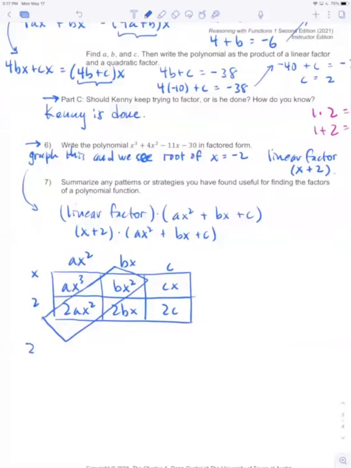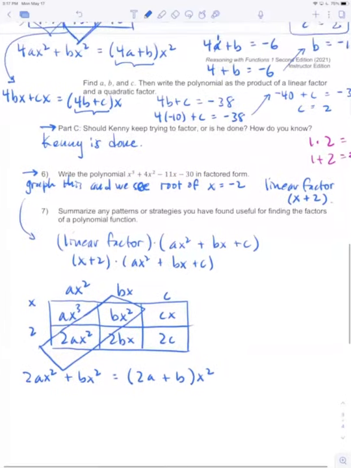So we have 2ax squared plus bx squared. Let's factor out the common x squared. So we get 2a plus b times x squared. Notice again, what is a? I'm going to go back up to 6 here and draw an arrow over this. That term has a coefficient of 1. The cubic term has a coefficient of 1.